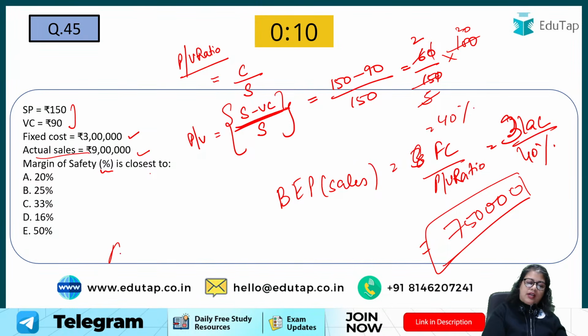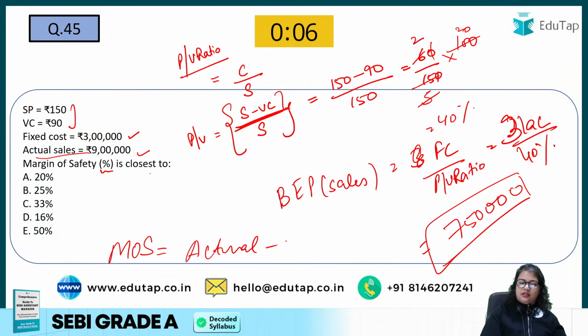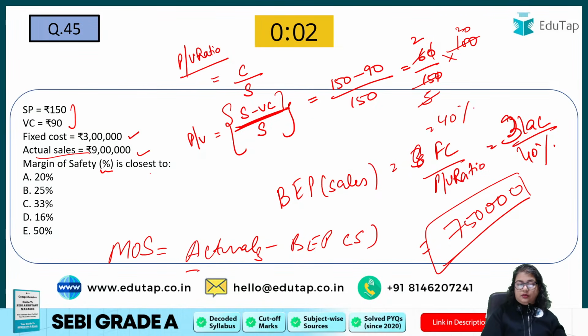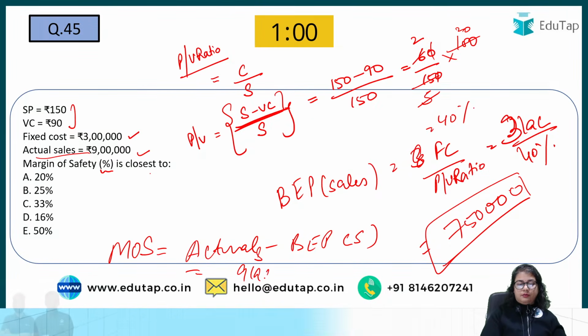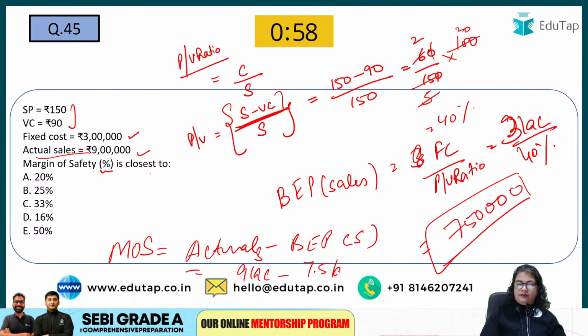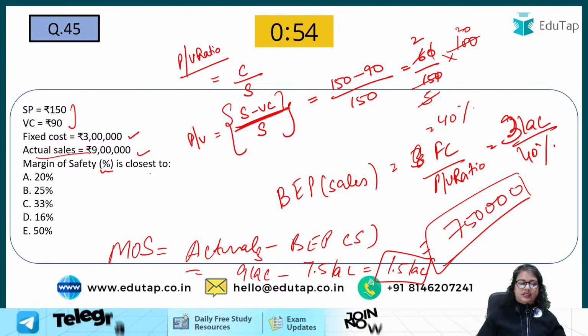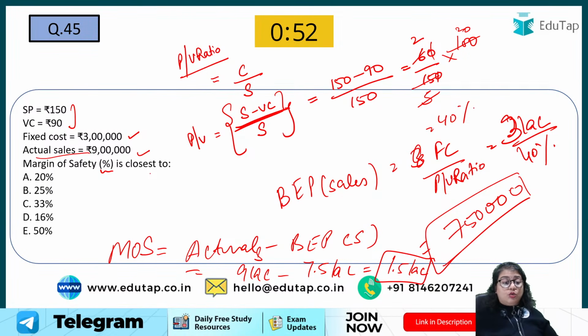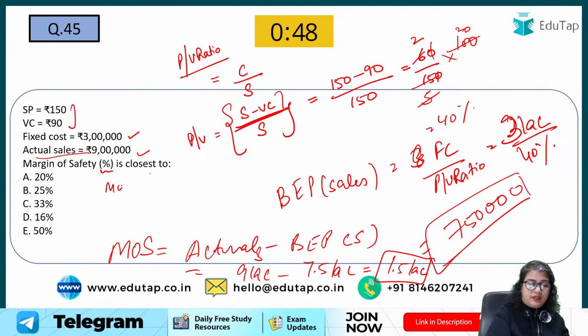So how do you calculate the margin of safety? Actual minus the break even sales. Actual sales minus the break even sales. So this will be how much? 9 lakh minus, can I say 7.5 lakh? So this will be 1.5 lakh. Right, this is the margin of safety, but you need to calculate the percentage. So how will you calculate the margin of safety percentage?